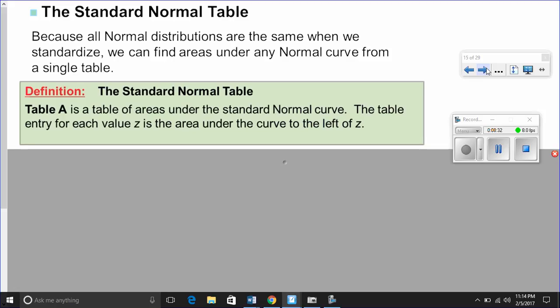So numbers that fall 1 standard deviation away would fall at 1. If we have a standard normal distribution, we can use the standard normal table, which you can find in the back of your textbook. It's called Table A, and it gives a list of areas under the standard normal curve. The empirical rule is good when data falls exactly 1 or 2 standard deviations away.